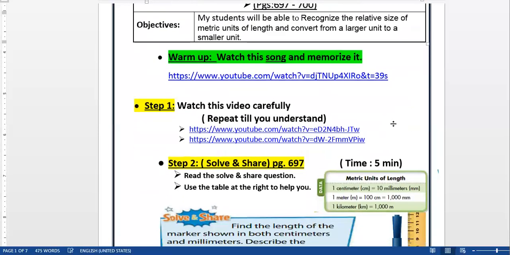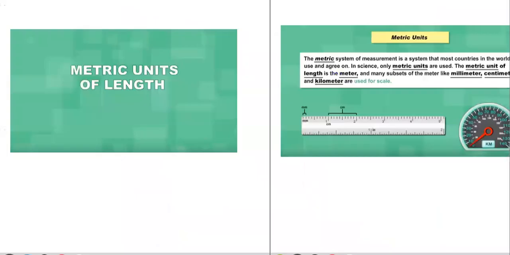As usual, I have assigned a song for you. Move your body a little bit with the song and memorize it to help you remember the metric units of length.